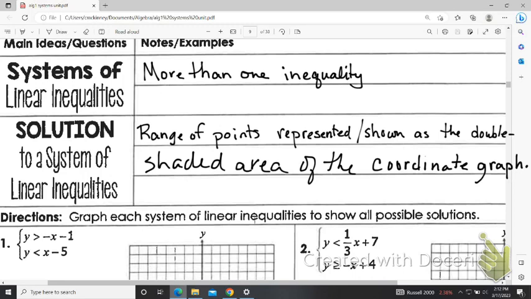So the way it's going to be represented on the graph is it's going to be a range of points that are represented or shown as the double shaded area on the coordinate graph or the coordinate plane, okay?